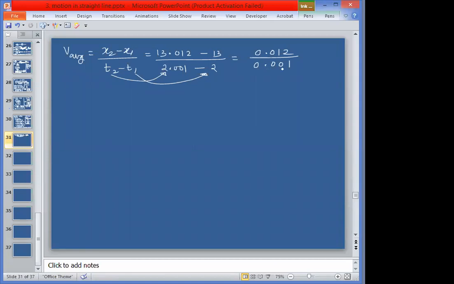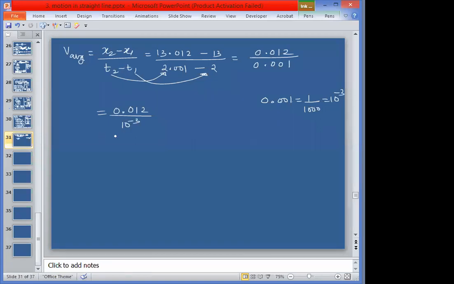Now 0.001 means what? 0.001 means 1 upon 1, 2, 3, 1000. 3 है ना, 1, 2, 3, ये 1000, and 1 by 1000 means 10 raised to minus 3. Or you can write this directly as 1 by 1000. याला तुम्ही directly 1 by 1000 लिहिलं तरी चालेल, or directly 10 raised to minus 3 लिहिलं तरी चालेल. 0.012 divided by 10 raised to minus 3.